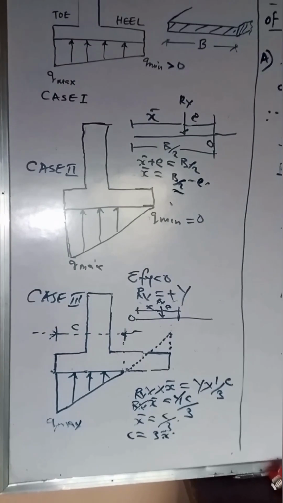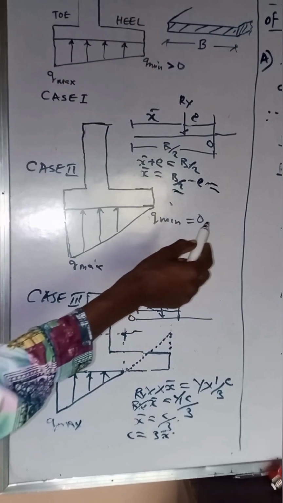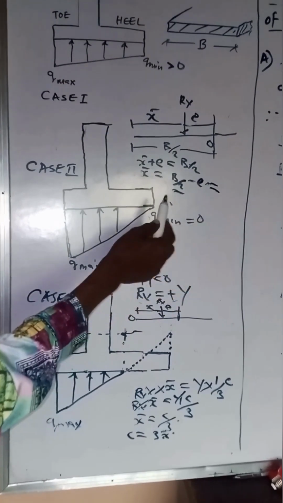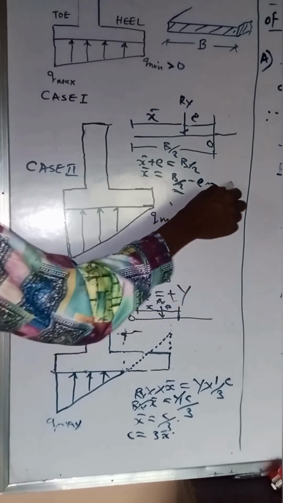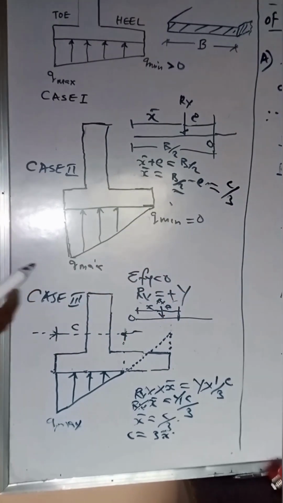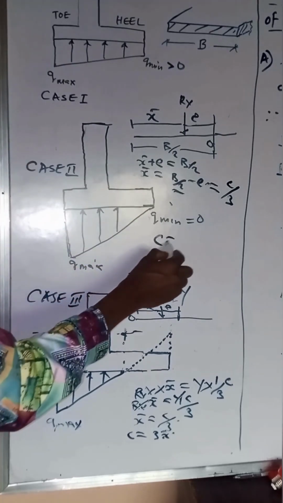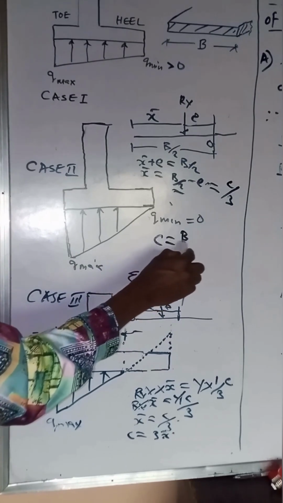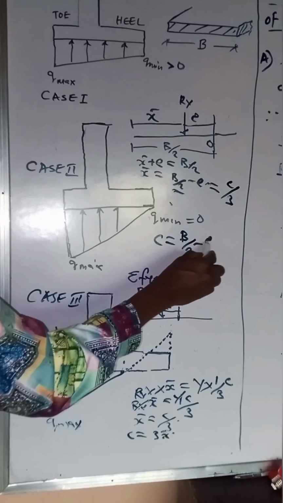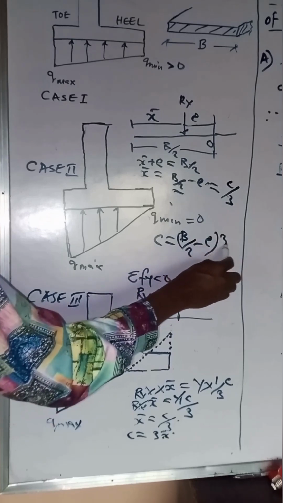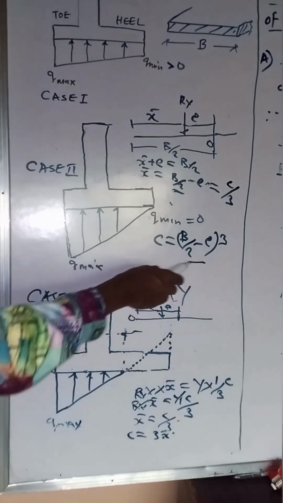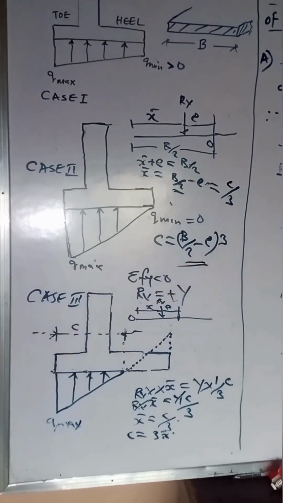Okay, so that is our moment arm. I will say that our moment arm is equal to C over 3. So from there we can derive the expression for C. If we do that, we should have our C to be equal to 3 times bracket B over 2 minus E. So this is the value for C in this problem.